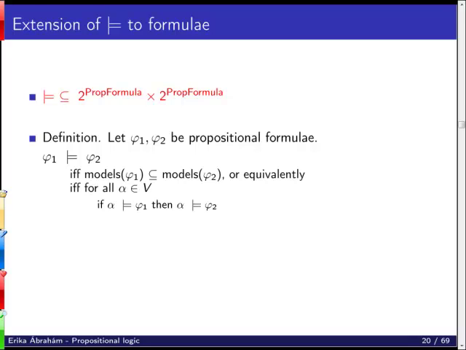That means, for example, this one, x1 and x2 is a model of x1 or x2. Does it hold? Yeah, because when the conjunction is true, then you know that the disjunction is also true. Is the other way around also true?